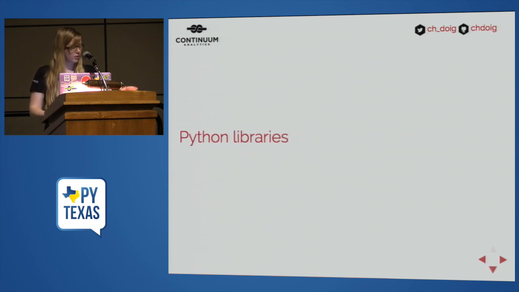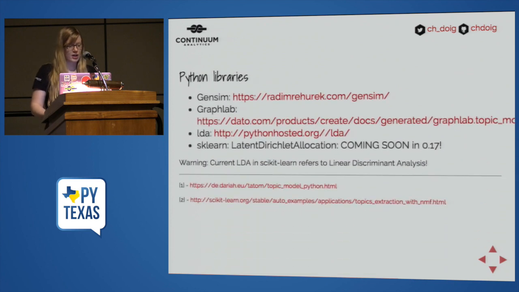So now we're pretty much halfway. Let's talk about how we do topic modeling in Python. The first thing is that there are, that I know of, 4 libraries that implement topic modeling, and the fourth one is coming soon. It's not in the stable release, but it's in the dev release.